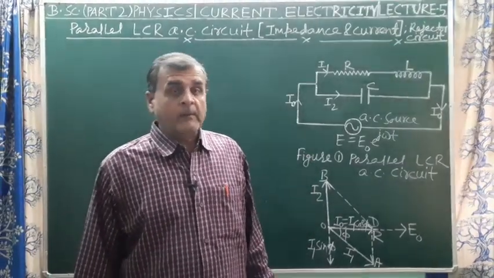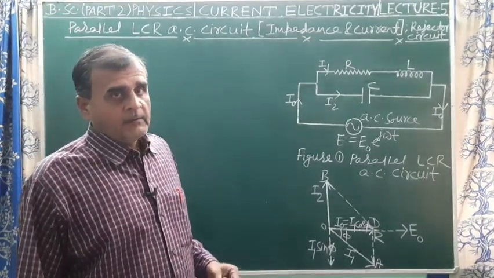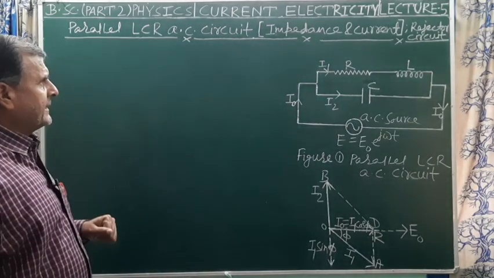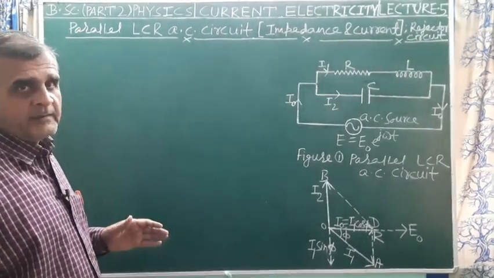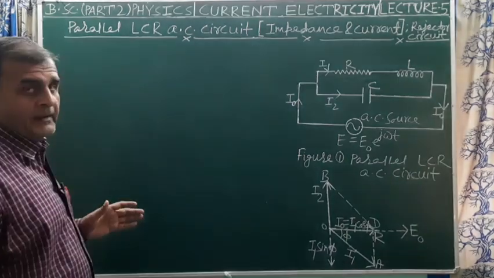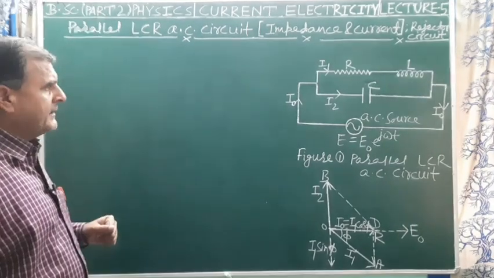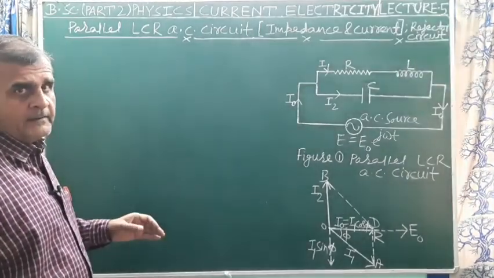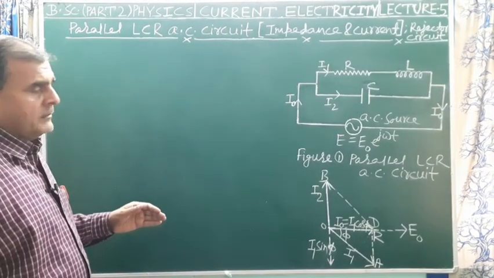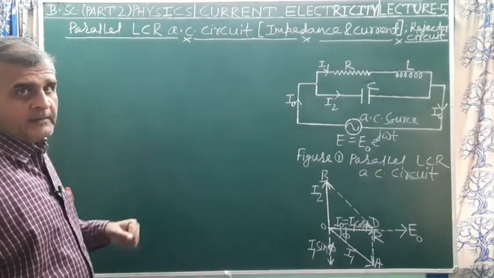In this video, I, Abhay Kumar, am going to discuss an important topic in current electricity, which is the parallel LCR AC circuit for BSc Part 2 Physics courses, in which we will derive the expressions for the alternating current in the LCR parallel AC circuit, and also the impedance of this circuit.